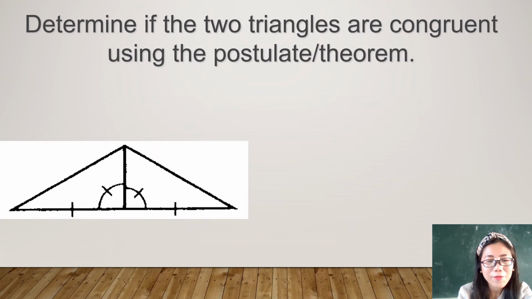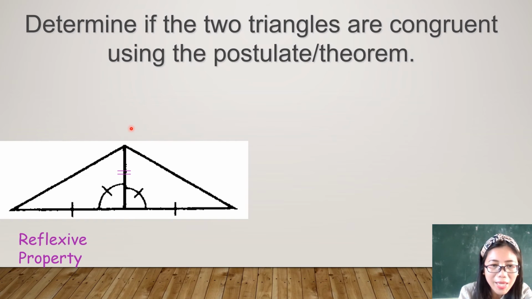Now let's have the fifth example. You have two triangles. As you can see, they have a common side, this side. From this, we can say that this side is congruent to itself by the reflexive property. So one side already, and another angle. This angle is congruent to this angle of the other triangle.